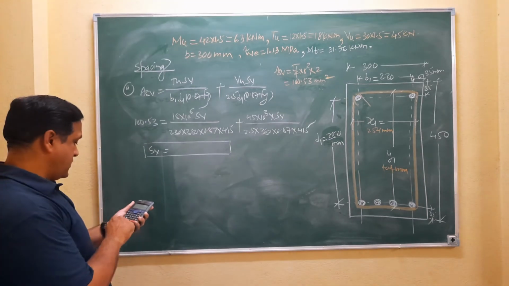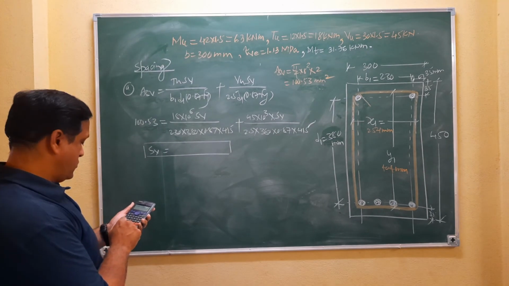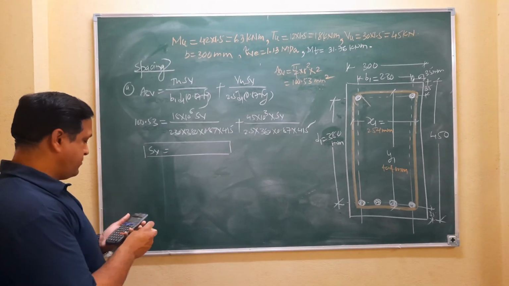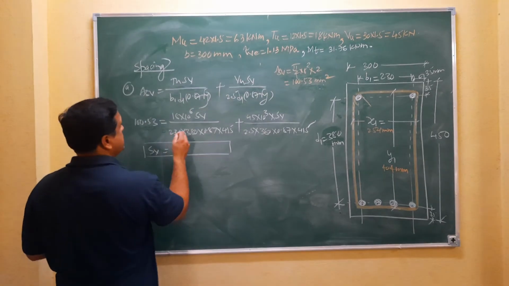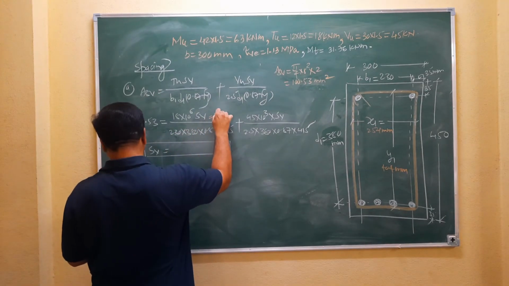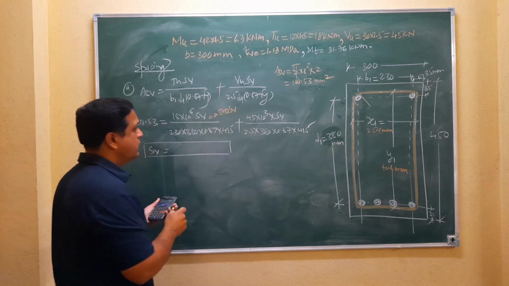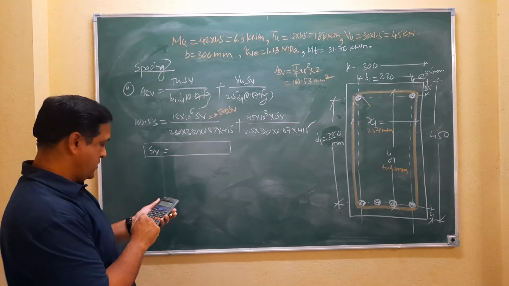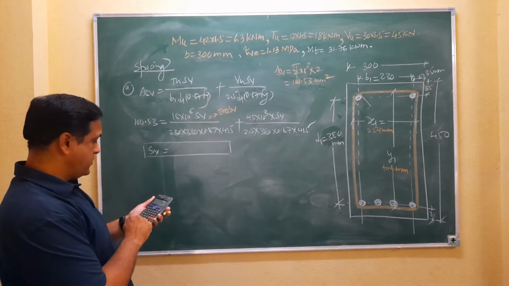So it is 18 into 10 raised to 6 divided by b1 into d1 into 0.87 fy. This particular value is 0.570 Sv. Then 45 into 10 raised to 3 divided by 2.5 into 380 into 0.87 fy.